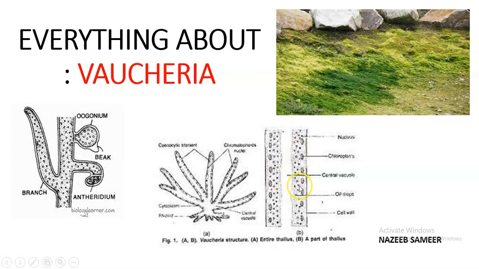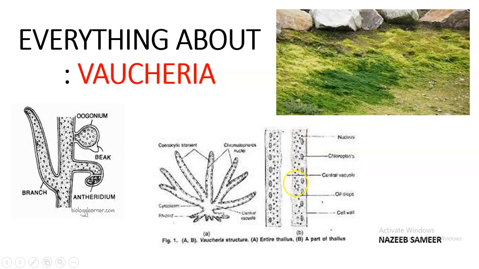This protoplasm, which we are seeing on either side of the vacuole, has multiple chromatophores and multiple nuclei. What are chromatophores?